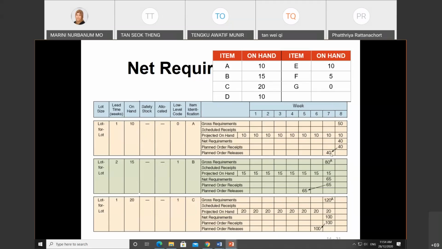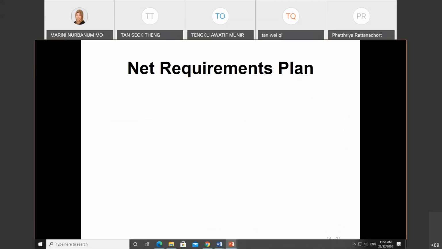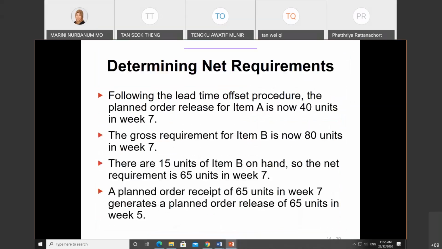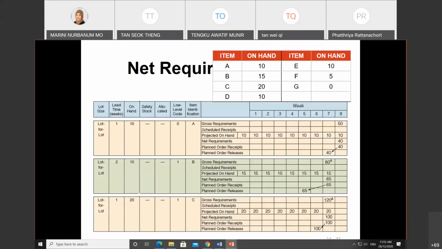Lead time, you look on the left side, lead time 1 week. So from week 8, 40, you just bring to week 7, 40. Plan order release is the same as the one in your gross requirements plan. Required date week 8, lead time 1, so release in week 7.